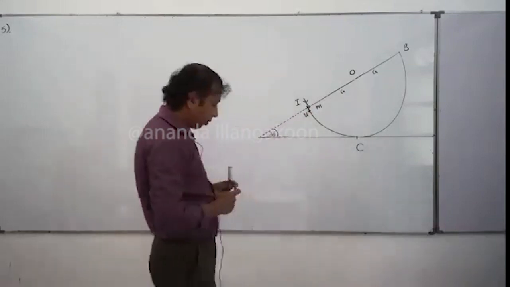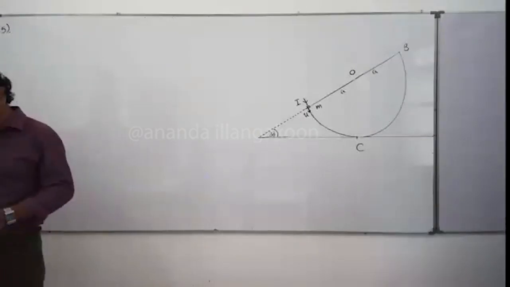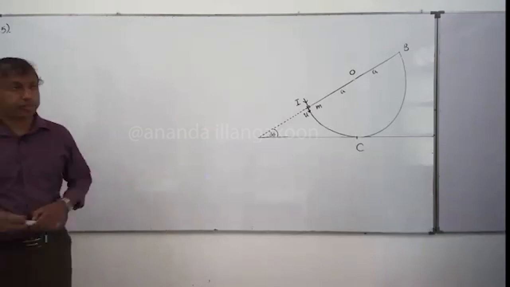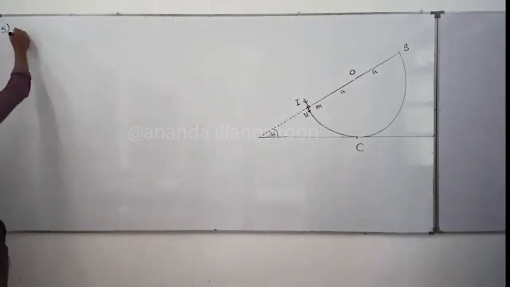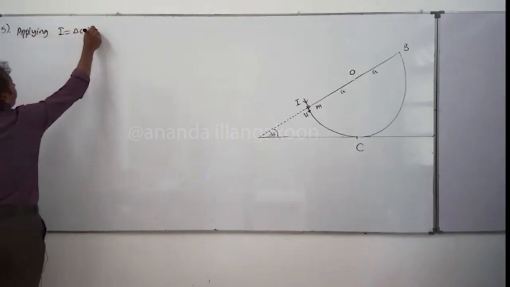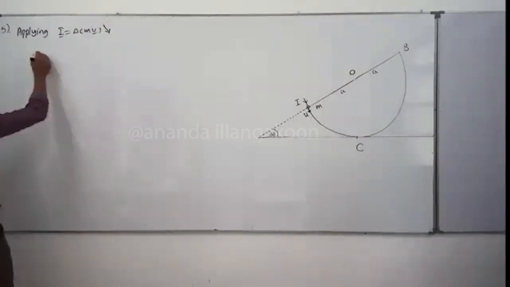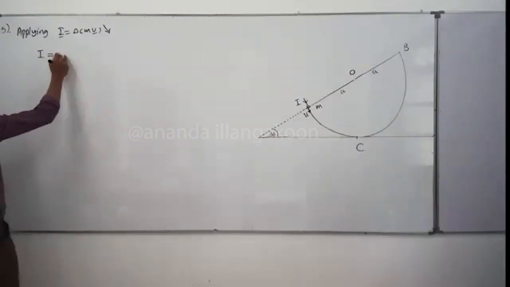Now you can apply I equals delta mv in this direction. I is the initial impulsive force. Final momentum is mu.